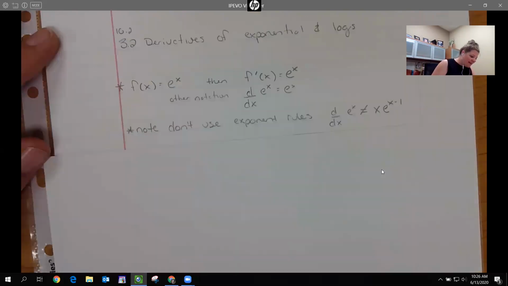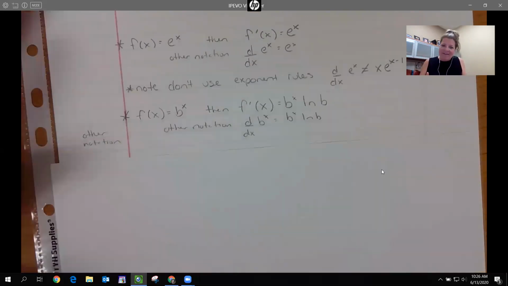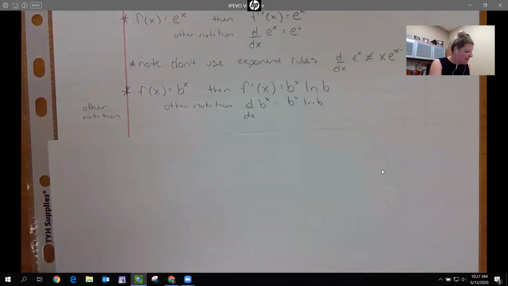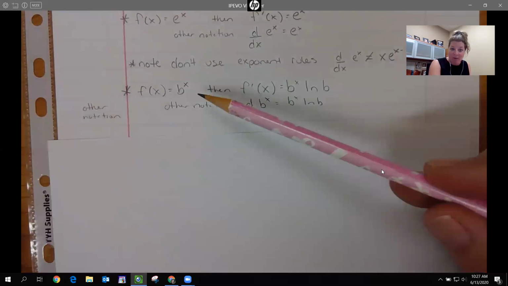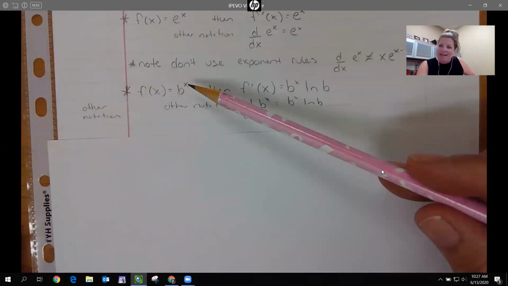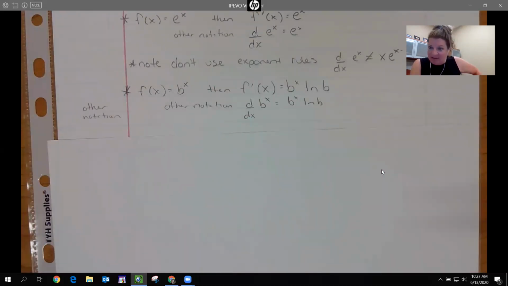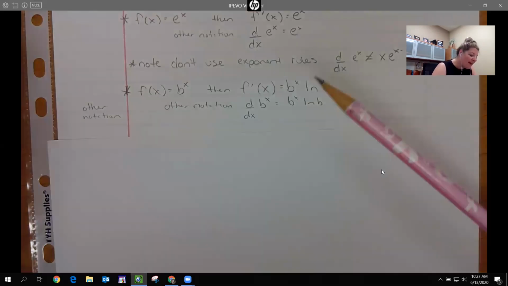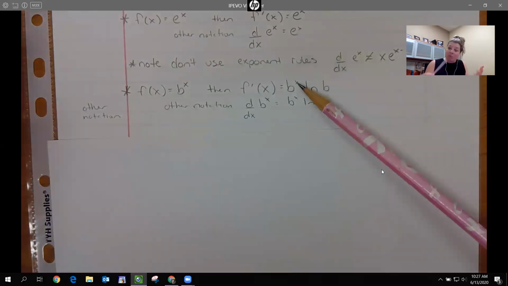Okay, next thing. What if I have something to the power of x? So this example is b to the power of x. How would I take the derivative of that? Okay, could be 3 to the x. It could be 10 to the x, anything. B could be anything. If I have that x in the exponent, then you keep what you have.